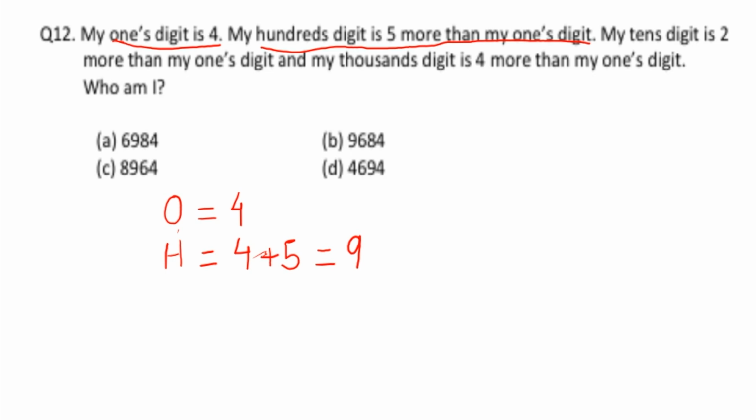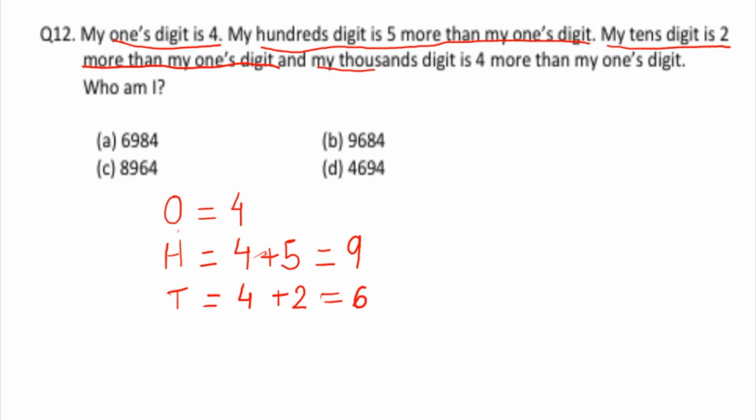Third says my tenth digit is 2 more than my ones digit. We know that our ones digit is 4, so 2 more than ones digit is 4 plus 2, 6.